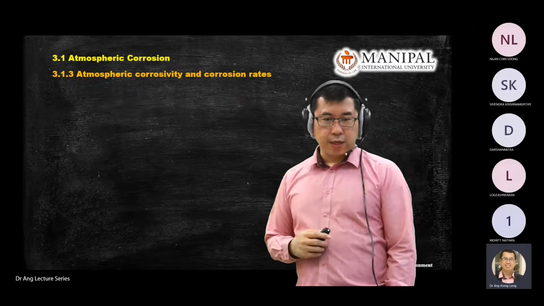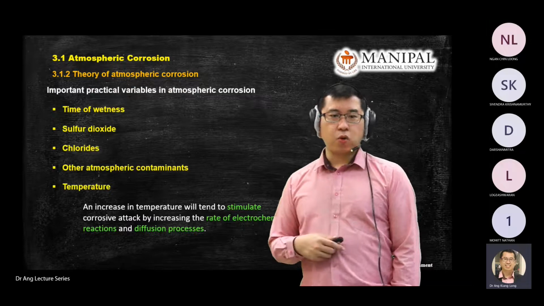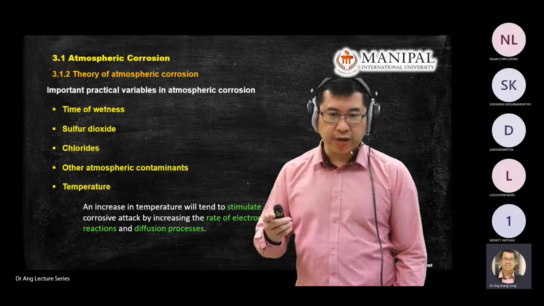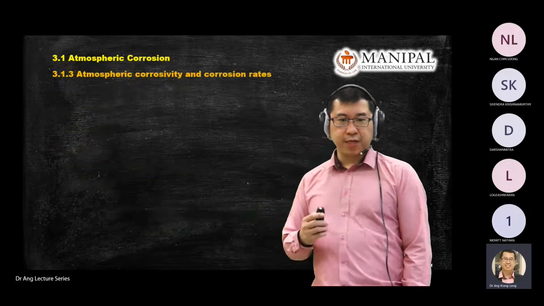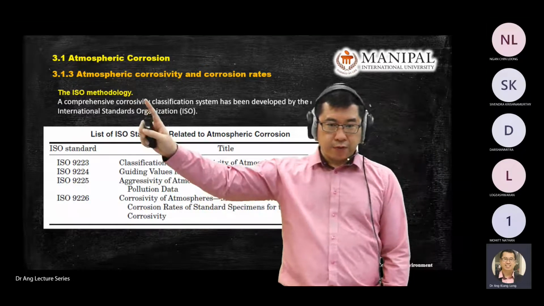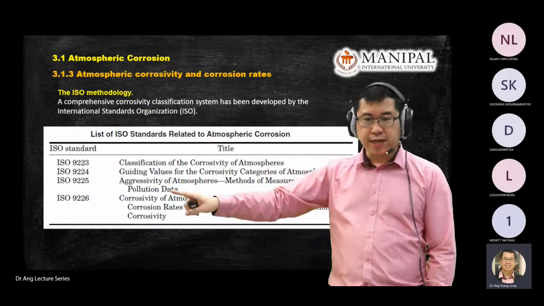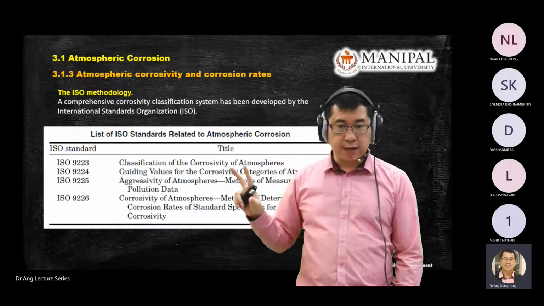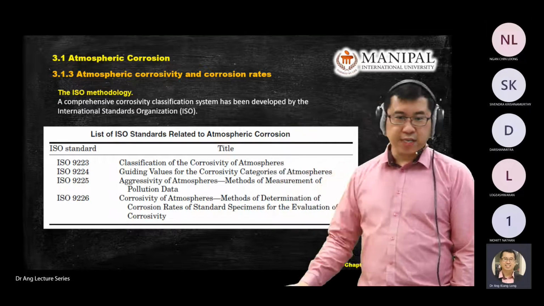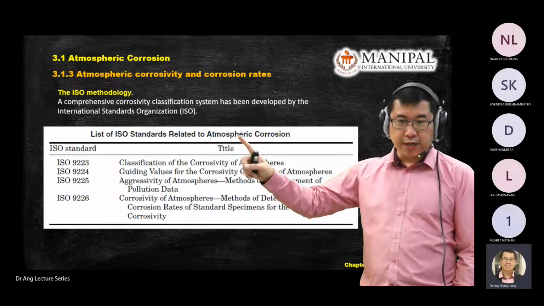Okay, so is there a way to measure or quantify atmospheric corrosion? Of course, yes. The common one is they use ISO standards. So these are all the ISO standards. For example, there are long lists of ISO standards for corrosion, especially under atmospheric corrosion.